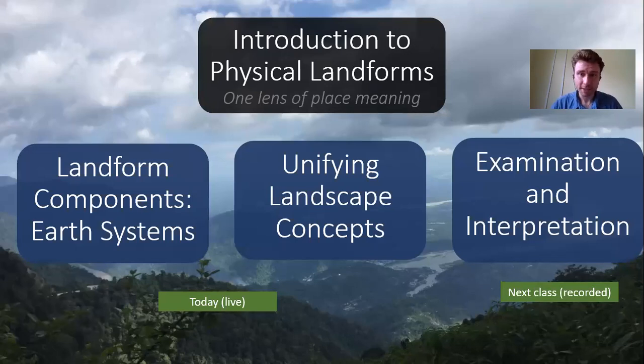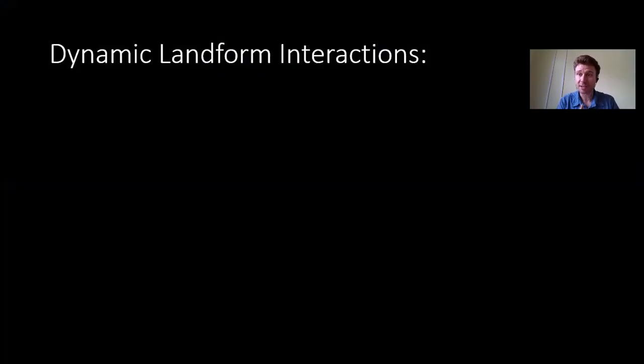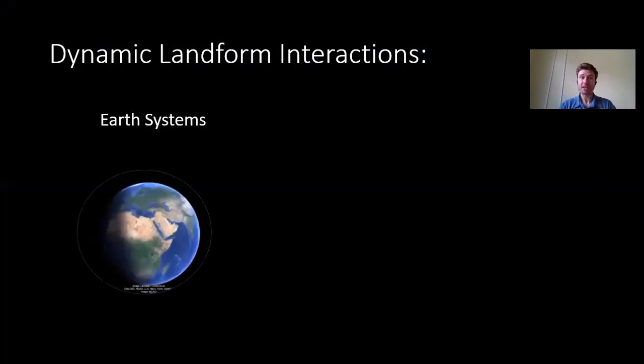Okay, we're going to jump in and just review our Earth systems. If you want to take notes, this would be a good time, but again, this will be recorded and you'll be able to come back to reference. When we talk about dynamic landform interactions, we try to describe our observations through Earth systems and categorize them. There are many ways to do this, but at the end of the day, they fall into some big categories.